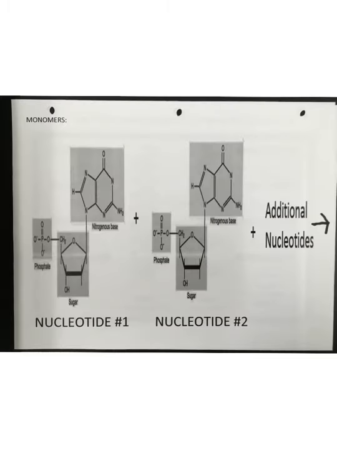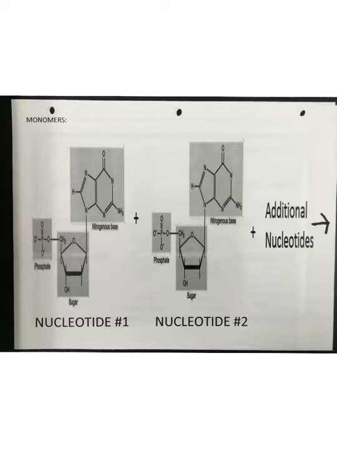Okay, here is the monomers. Here's the left side, the reactants that go in. So you can see your arrow right here. So you're going to write this part in. I told you didn't have to write the part in over here. But nucleotide number 1 has a phosphate, it has a sugar, and it has a nitrogenous base, plus nucleotide number 2, which has a phosphate, a sugar, and a nitrogenous base.